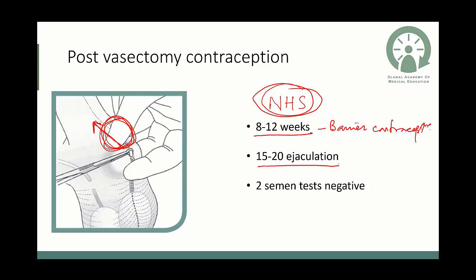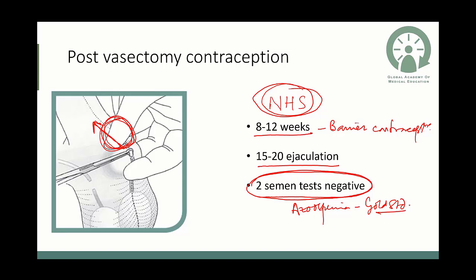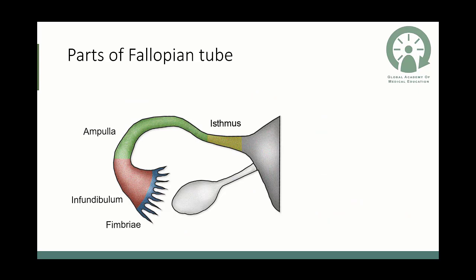It takes roughly about 15 to 20 ejaculations to exhaust this reserve, and two consecutive semen tests showing azoospermia is of course the gold standard that the reserve is over and now the vasectomy is working and the man is rendered sterile, right? So this was a rather simple question.